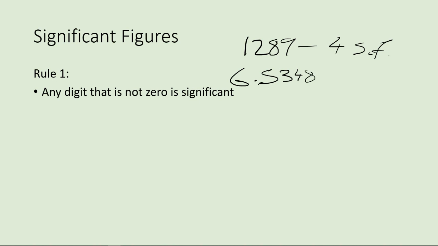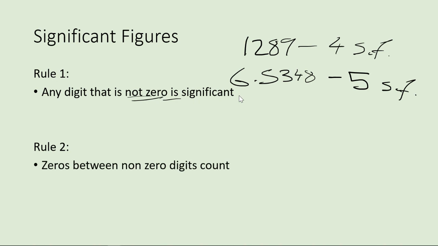6.5348. Again, all the digits are non-zero, so they're all significant. This has 1, 2, 3, 4, 5 significant figures. So any digit that is not 0 is significant. Second rule is that zeros between non-zero digits count.